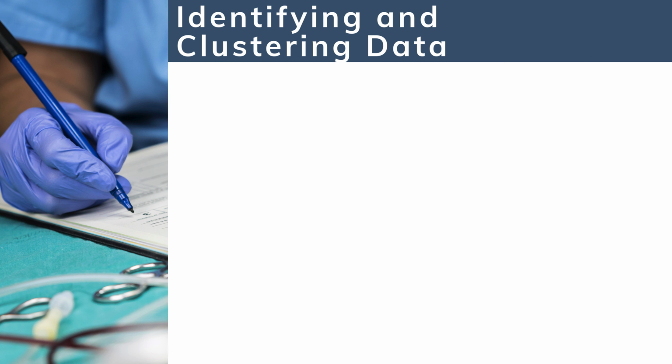Let us now go through the process of identifying and clustering data to recognize patterns. Step 1. Identify abnormal findings. For example, a patient reports frequent forgetfulness, difficulty recalling names, and getting lost in familiar places.